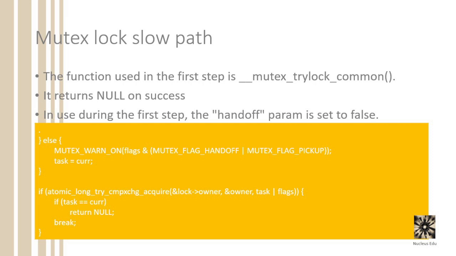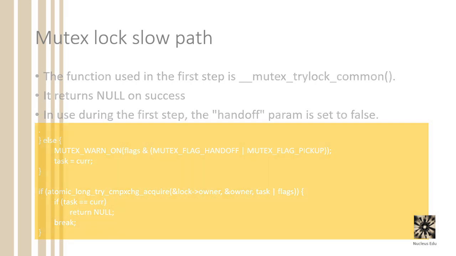And if the task and the current are equal, you can see this line here, and the second if, then it returns NULL, meaning that the mutex was acquired. Right, so this is the positive path where you actually acquire the mutex, but that is not interesting to us. Let's forget about that and let's think that it didn't acquire the mutex. Then as I mentioned, this is the first and the simple step. It tries to acquire the mutex and we failed.